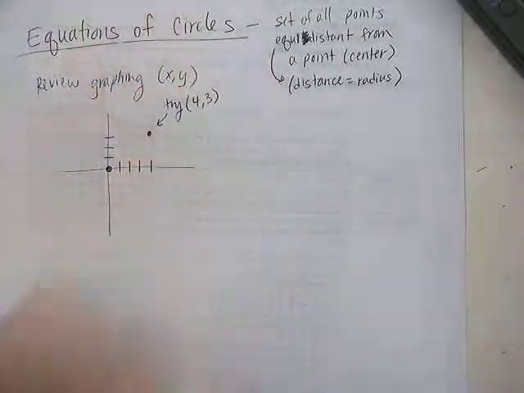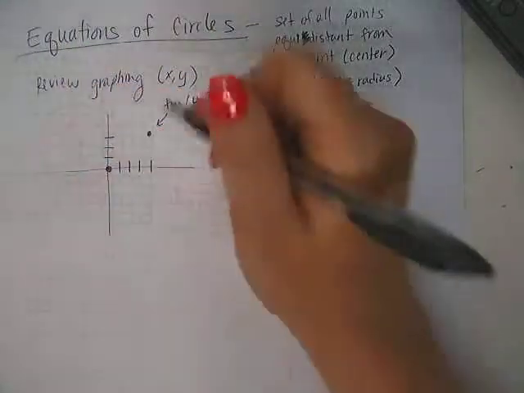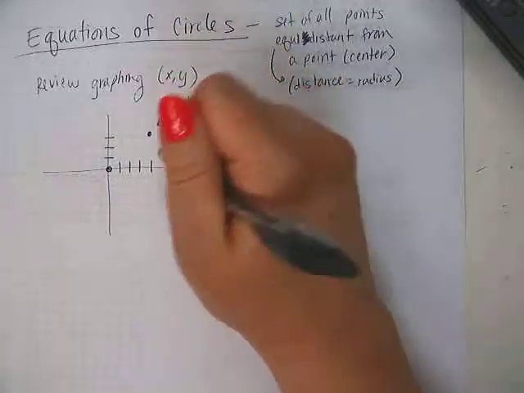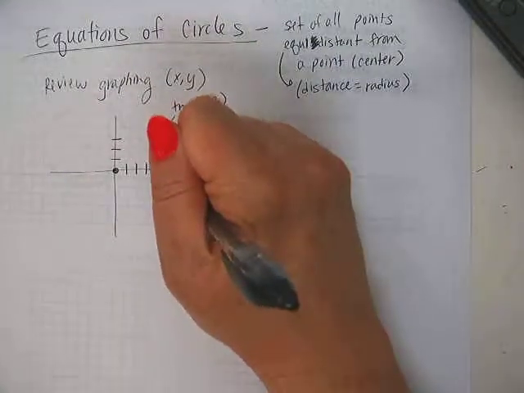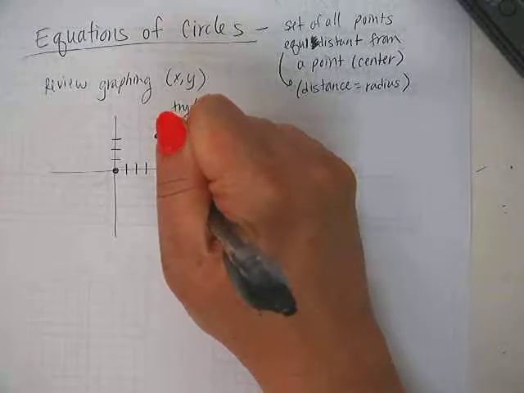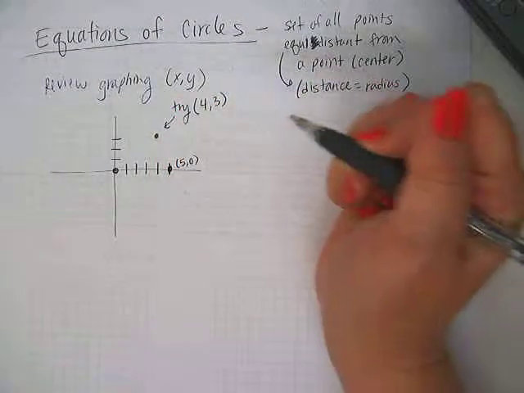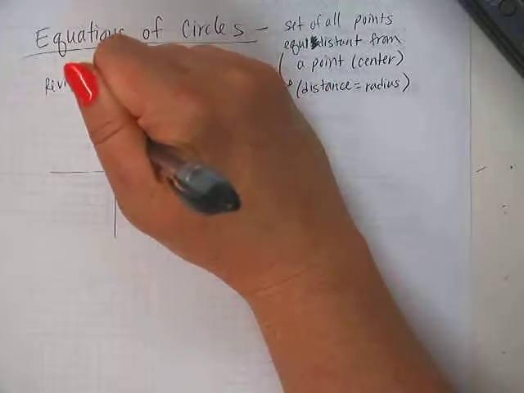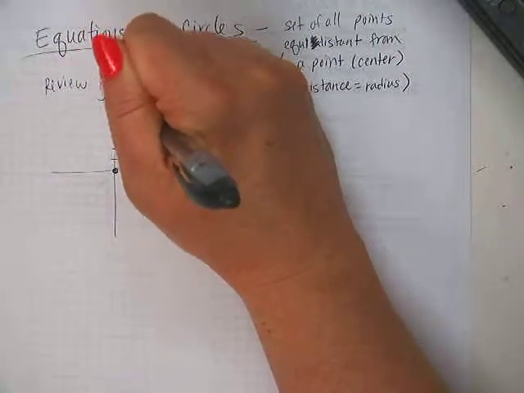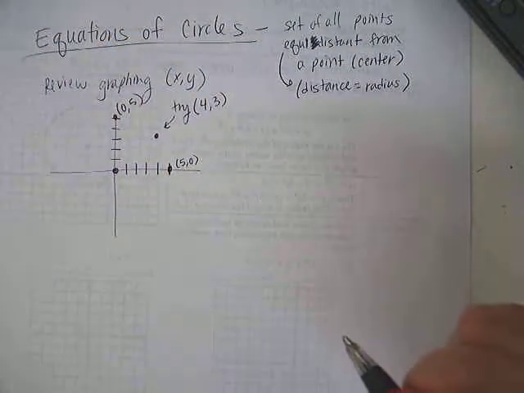All right, we're going to start with a circle that has its center at 0, 0. Okay, and I'm going to make this particular circle have a radius of 5. So if the center is at 0, 0 and the radius is 5, wouldn't that mean that there's a point over here at 5, 0? And wouldn't there be another point at 0, 5?